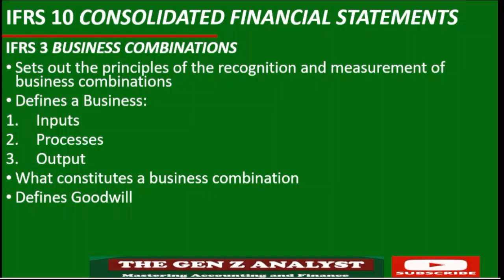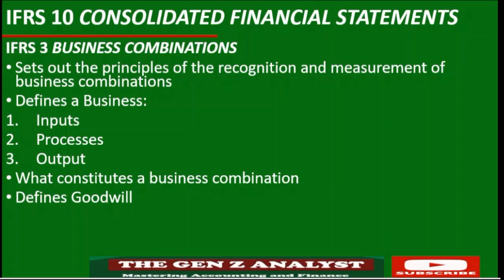So basically what you are saying is that the amount for which the acquirer acquired the business, and the value of the identifiable net assets and liabilities of that business that has been acquired, the positive difference between these two figures is what we call the goodwill.